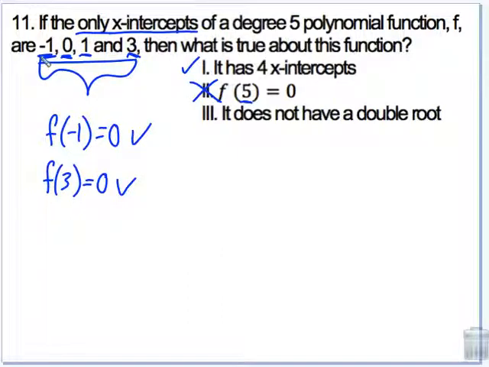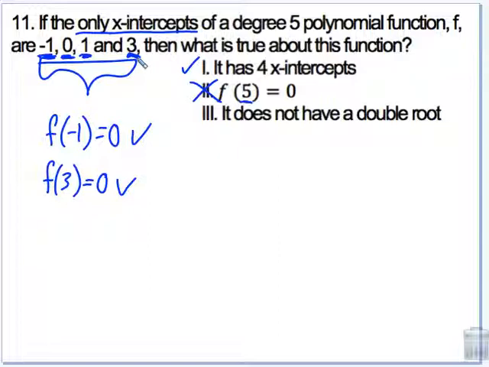Now option 3 is it does not have a double root. So let's count all our solutions. We have 1 x-intercept, 2 x-intercepts, 3, and 4 x-intercepts. I should have 5 solutions, but because I only have 4 x-intercepts, that means one of my x-intercepts has a double root. The reason why I know it's a double root is because the only other option is that the solution could be imaginary.